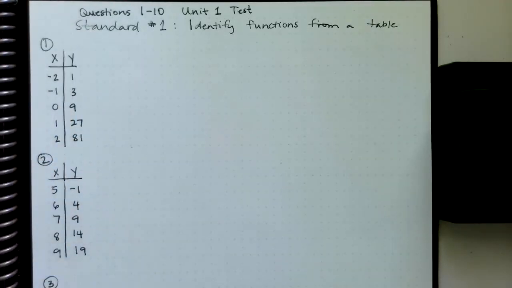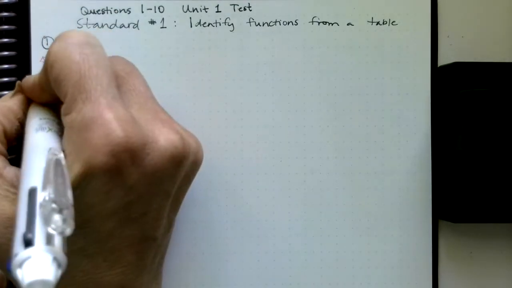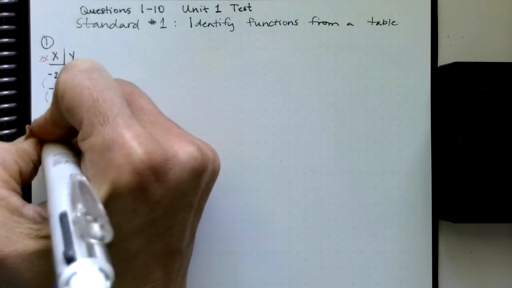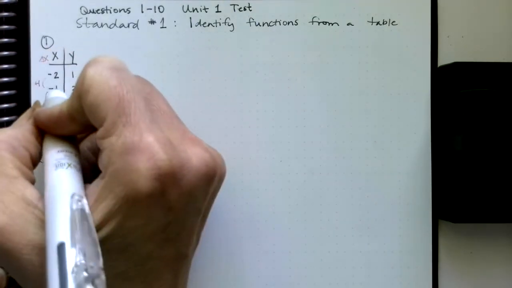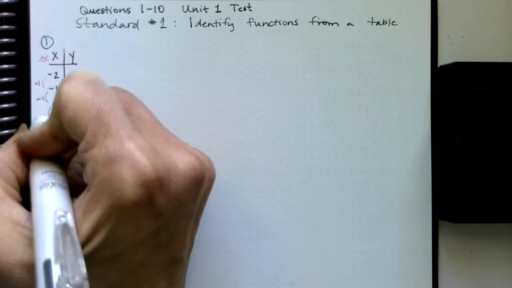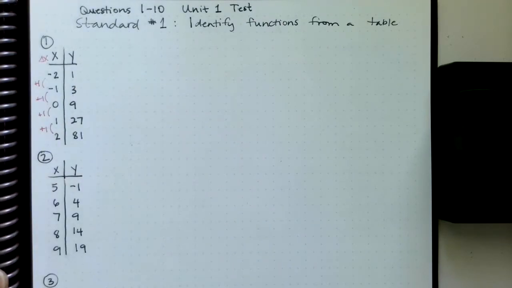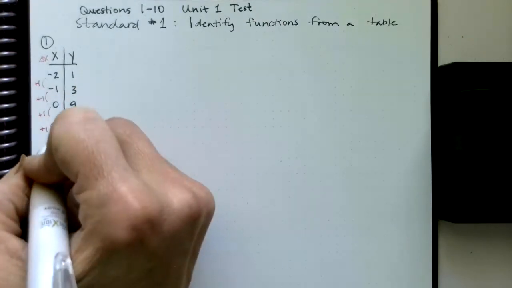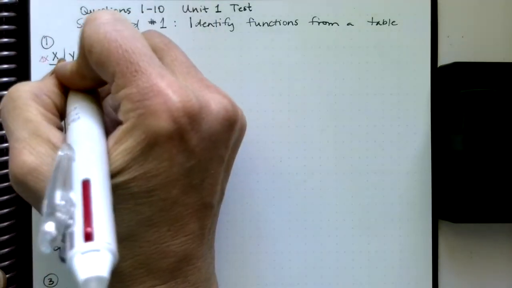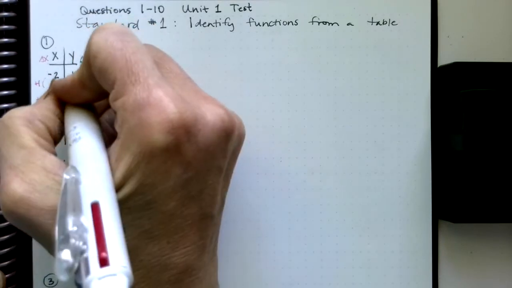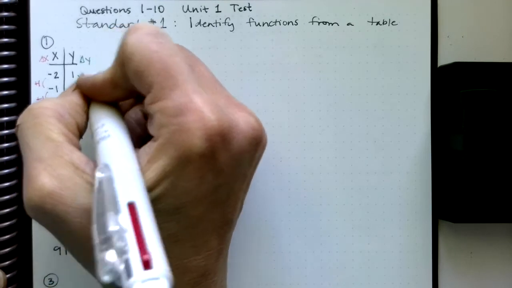So if I'm going to look at the change in x, I'm going to see what that change in x is as I go down my table. From -2 to -1 is an increase of 1, -1 to 0 is 1, all the way down my table. My change in x is 1, so that is constant. When I look at my change in y, from 1 to 3 is increasing by 2.